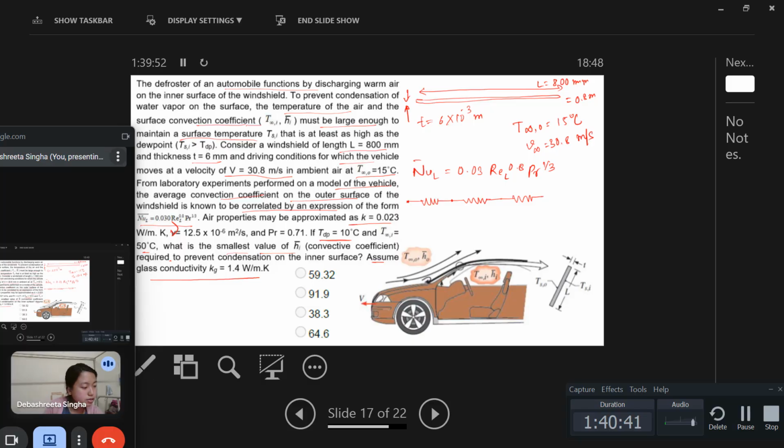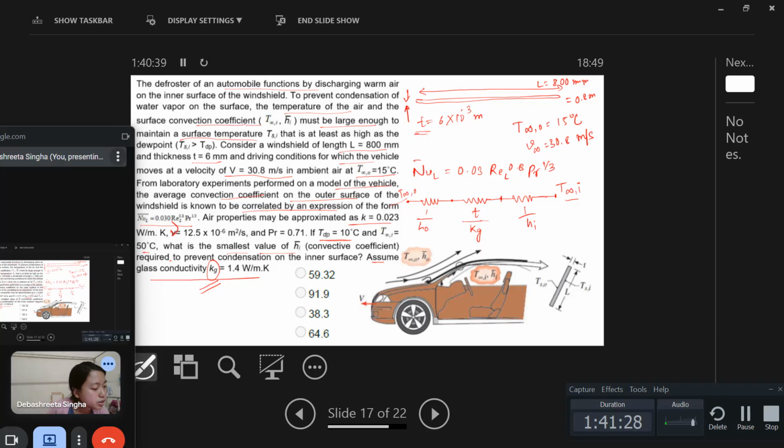There is the inside resistance 1 by h_i, the outside resistance 1 by h naught, and this is L by k, that means L here is the thickness t, divided by k_g. Here the conductivity is for conduction, so we need to take the glass conductivity.